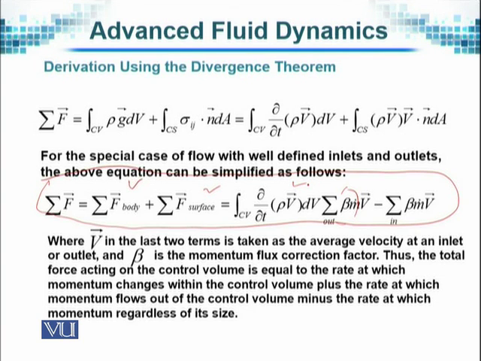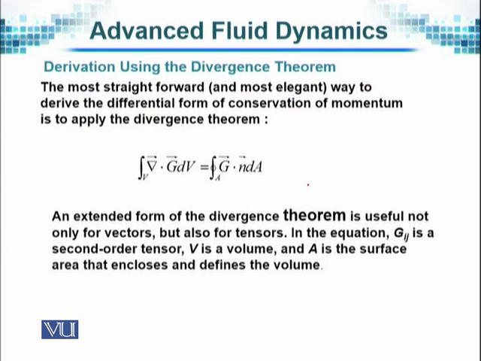that we discussed, you will recall, when we were talking about Reynolds transport formula. The divergence theorem is, of course, generally written as this: the divergence of a general vector G over the volume V is equal to the surface integral over the area A of the same vector G dot n, where n is a unit vector normal to the surface.